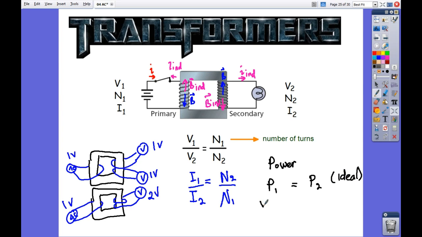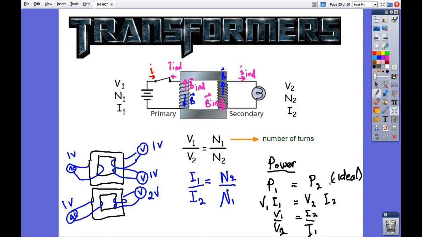That means V1 I1 equals V2 I2, or we can say V1 over V2 equals I2 over I1. So if the transformer is ideal, all the power from the primary is transformed into power in the secondary.